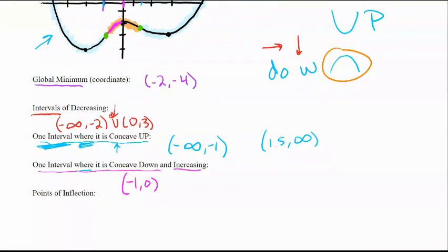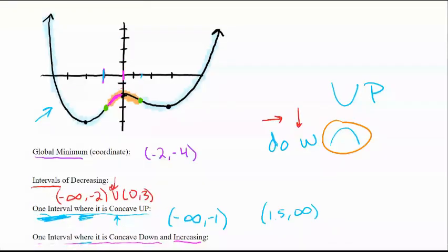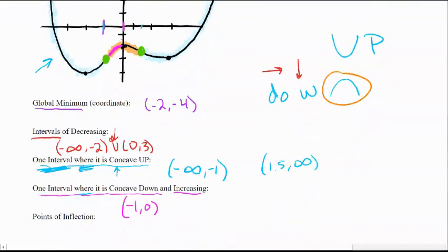And the last thing it asks for are points of inflection. Points of inflection are where it changes from concave up to concave down or vice versa. I've actually already plotted those points on my graph there in green because that's where it changes from concave up to concave down or concave down to concave up.